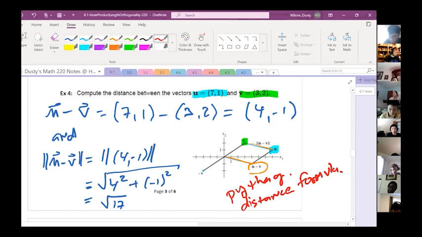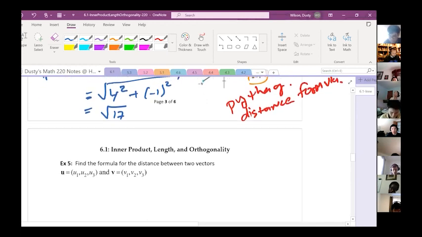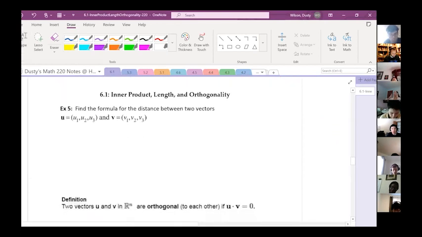But what's a little bit interesting about this formula is that it applies more broadly. So this can actually apply in 3 dimensions, 4 dimensions, 5 dimensions, whatever.